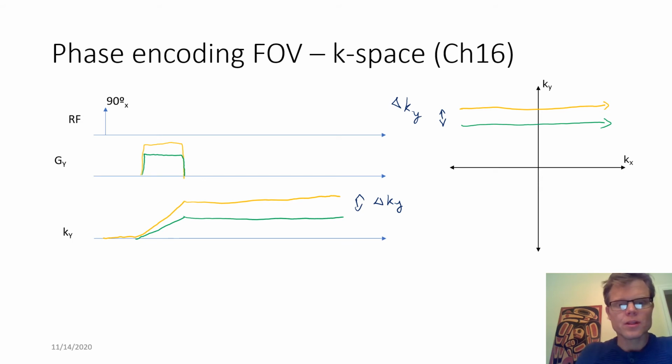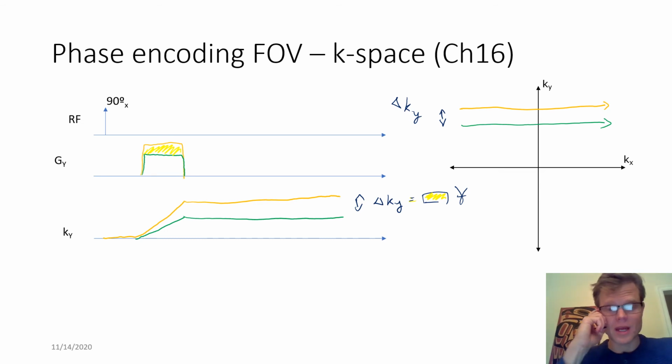The difference in ky here is the difference between the orange gradient area and the green gradient area, which is simply this yellow area, times gamma bar.